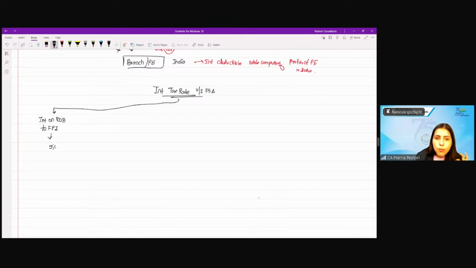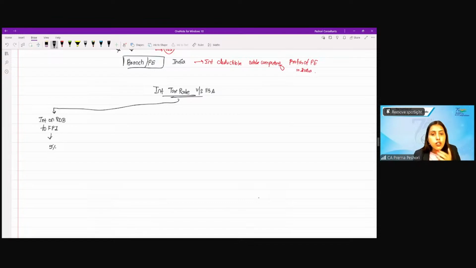Any idea what is rupee denominated bond? Any idea? So basically, see students, rupee denominated bonds are basically the bonds which are denominated in rupees and which are raised to collect the funds from the non-resident.